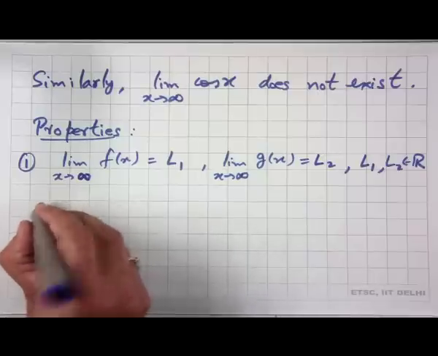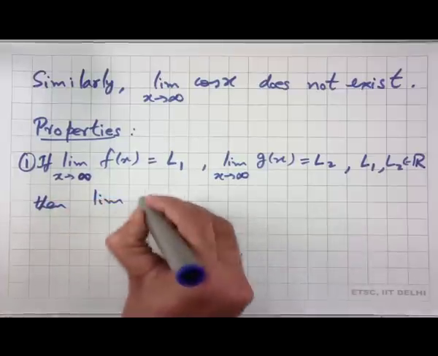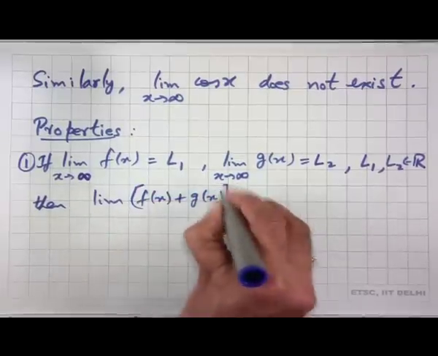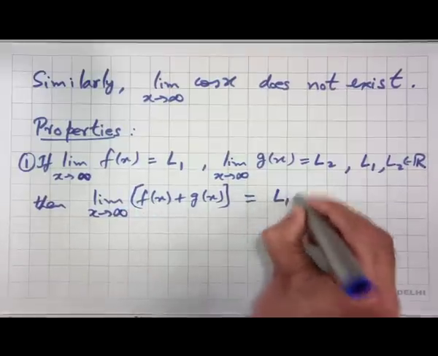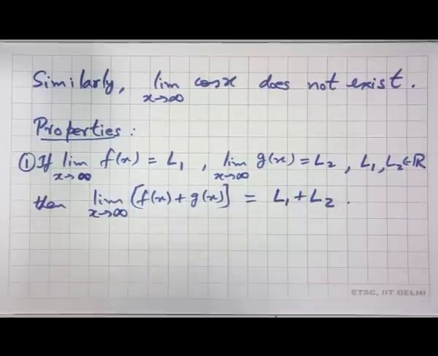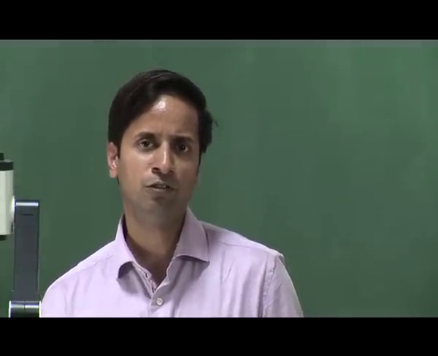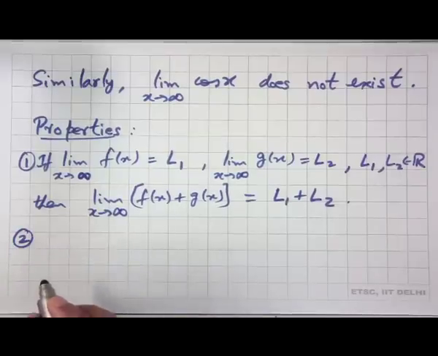Then the limit of f x plus g x at infinity is equal to L1 plus L2. This is just the sum rule for the limit at a point a. If the limits are finite, L1 and L2, then the limit of the sum of the functions is the sum of the limits, L1 plus L2. This can be proved like we have shown for the other cases.